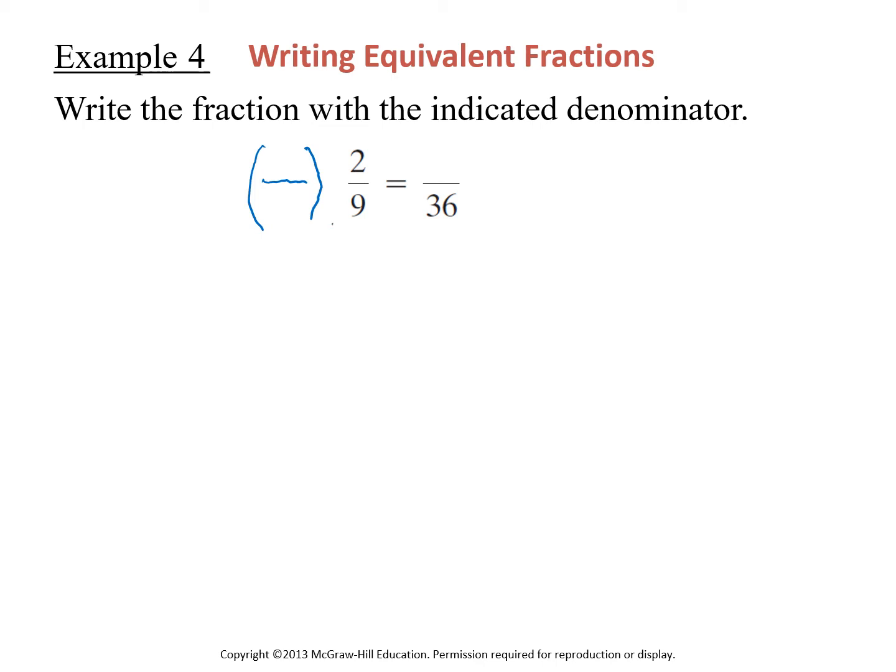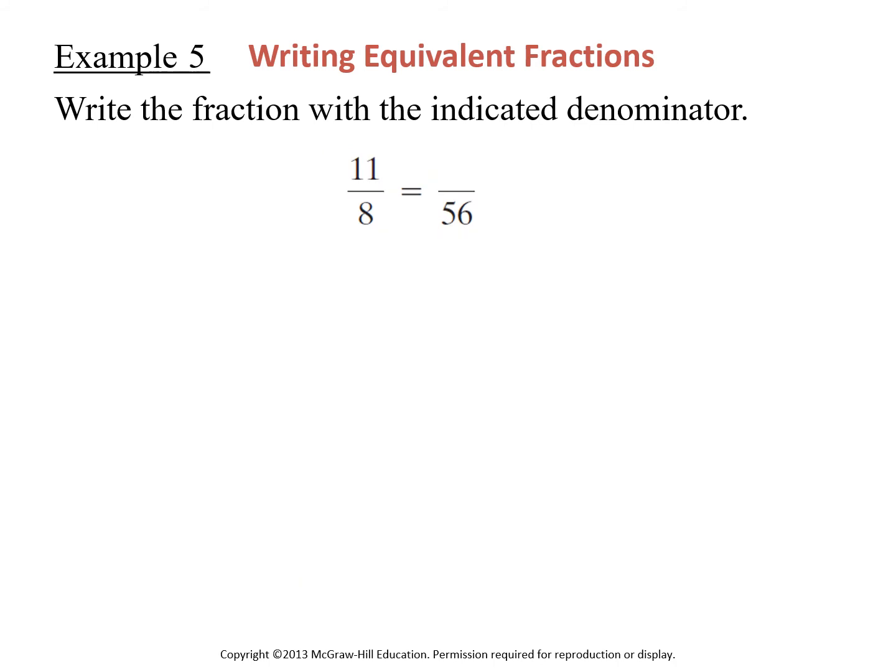Well, if my denominator is 9, but I want it to be 36, if I multiply 9 times 4, I get 36. But I also have to multiply 2 times 4 so that I'm multiplying the entire fraction by 1 so as not to change its value. When we multiply fractions, we go across the numerators and denominators, and so our equivalent fraction will be 8/36.